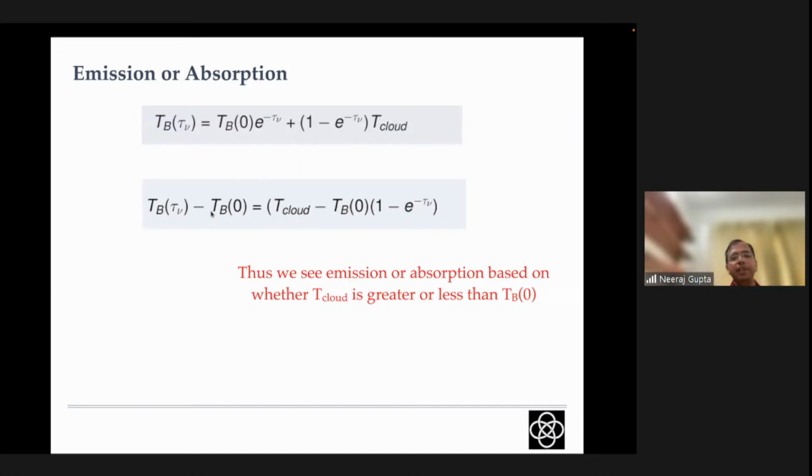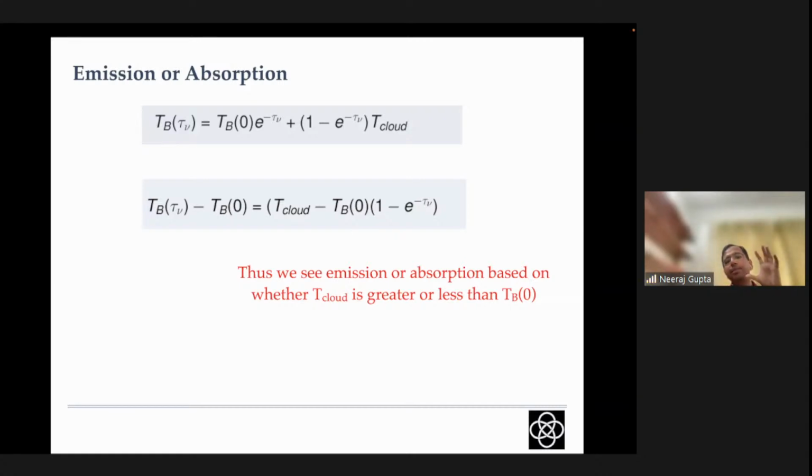It represents the deviation with respect to the incident radiation on the cloud. This deviation would appear as emission if T cloud is greater than T_B, because then it will be positive. And if it is less than that, it will appear in absorption. That's the simple thing that we wanted to understand.